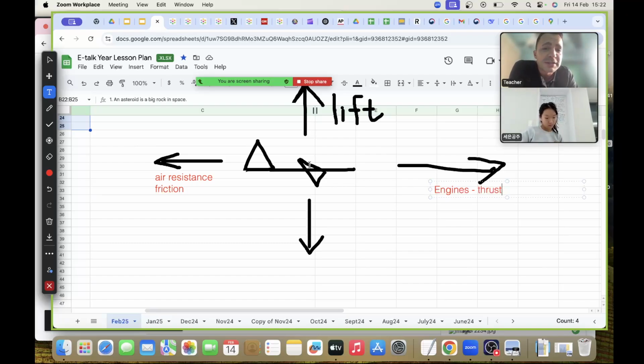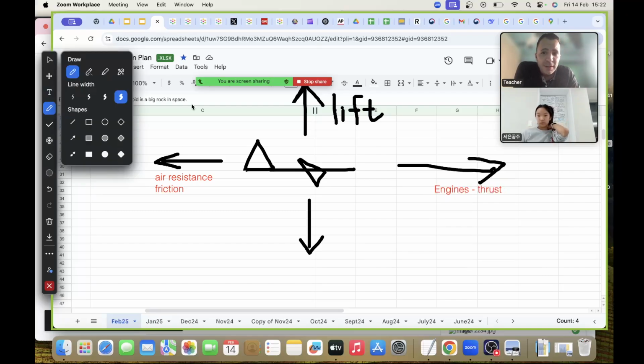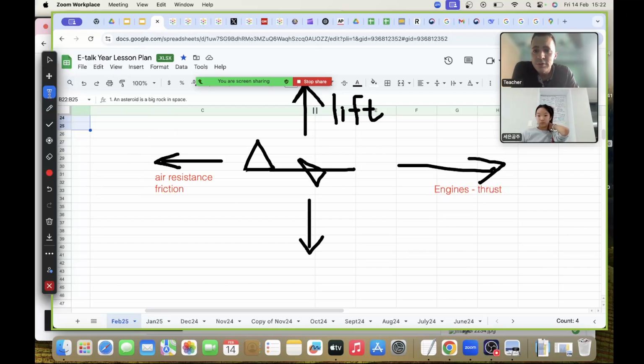Okay, so you need to understand which forces are greater, which forces are smaller, and which forces are equal. So, I'm going to ask you, I didn't label the bottom one, the gravitational force. If this aeroplane is flying in the sky, it's moving forward, but it's not moving up and it's not moving down. Which forces are equal?